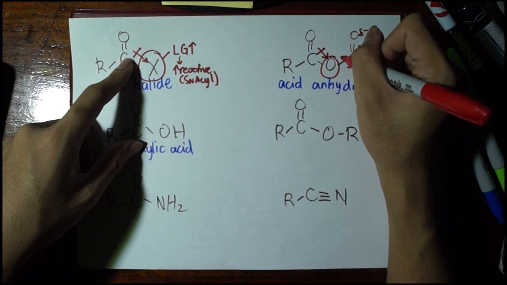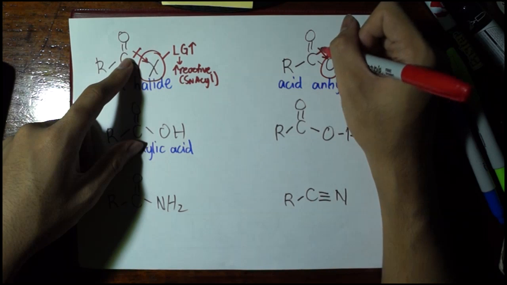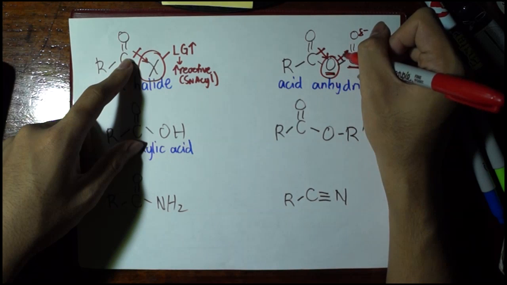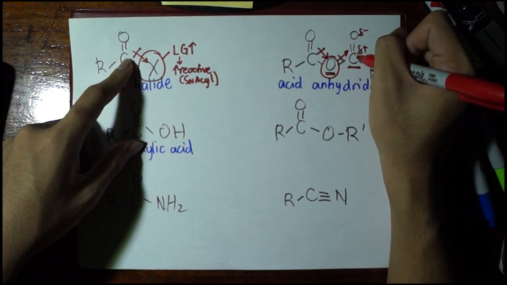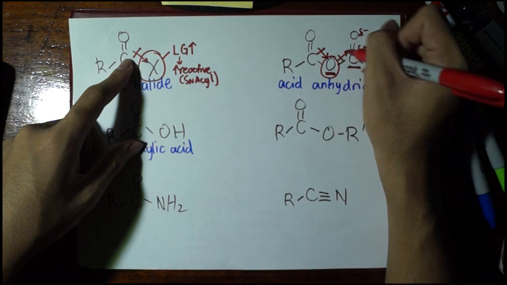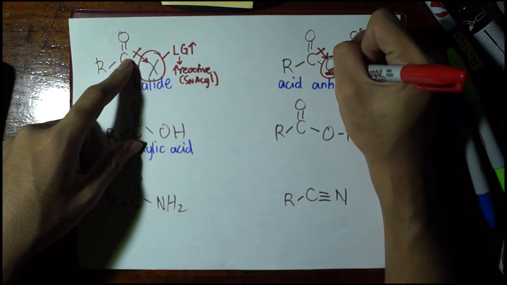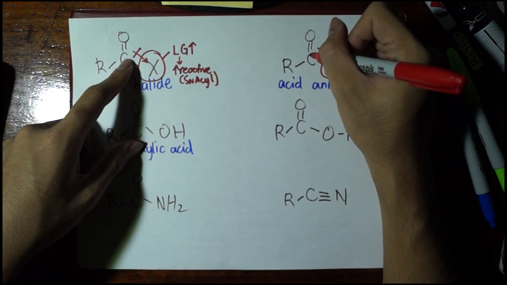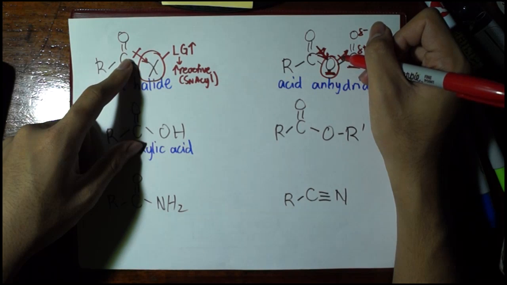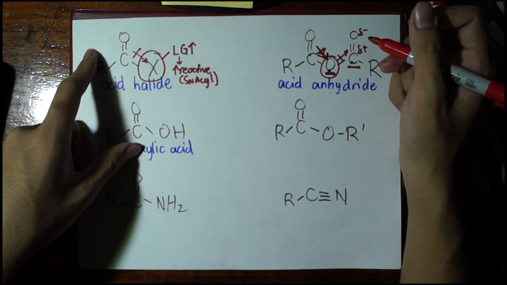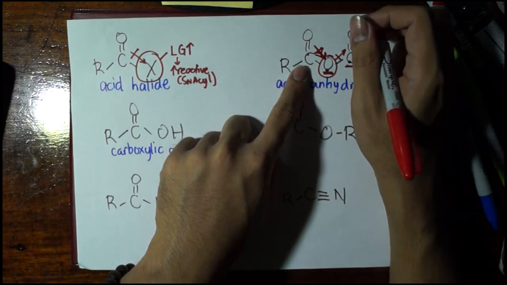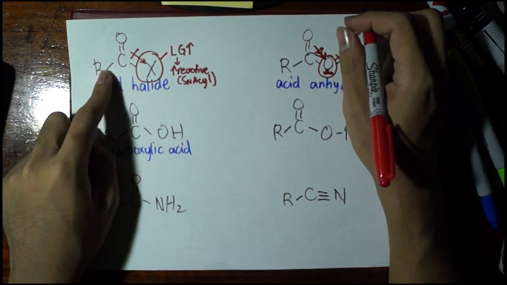Hey, oxygen, can you give me some? So oxygen, which pulls electrons towards it, will be even deprived of more electrons by carbon. So oxygen here will be like, hey, this carbon is getting my electrons, so this carbon will have to give even more electrons. So acid anhydrides are also very reactive. They are the next most reactive derivatives after acid halides.